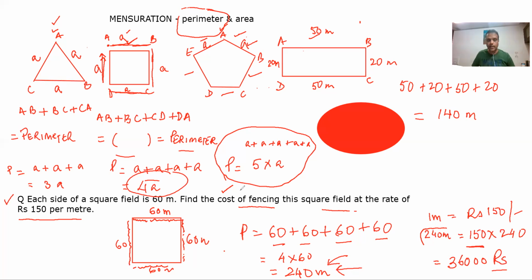Don't forget that it is asking for the cost. So the total cost is 36,000 rupees to fence the entire square field. And this is the answer. This is actually the practical use of perimeter and the broader use of mensuration. I hope you liked it. See you in the next one.